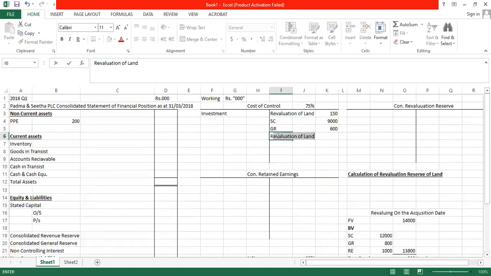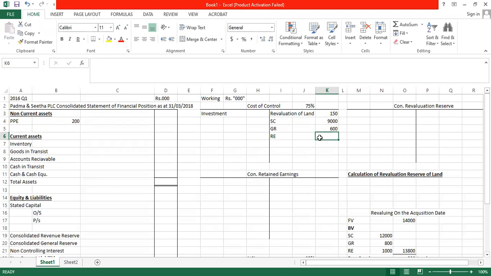Then the retained earnings. Here it's mentioned as retained earnings. So from the retained earnings on the acquisition, when you are preparing cost of control, don't look at the given balance sheet. Look at your additional information, because it gives what the reserve balances are on the acquisition date. We need to take that balance, right?